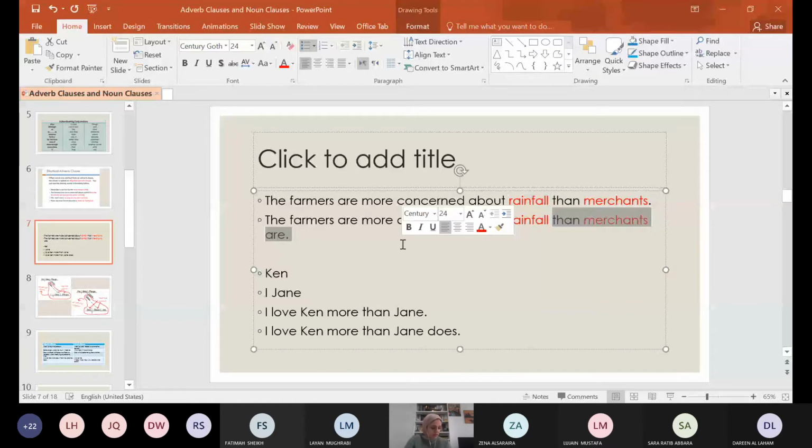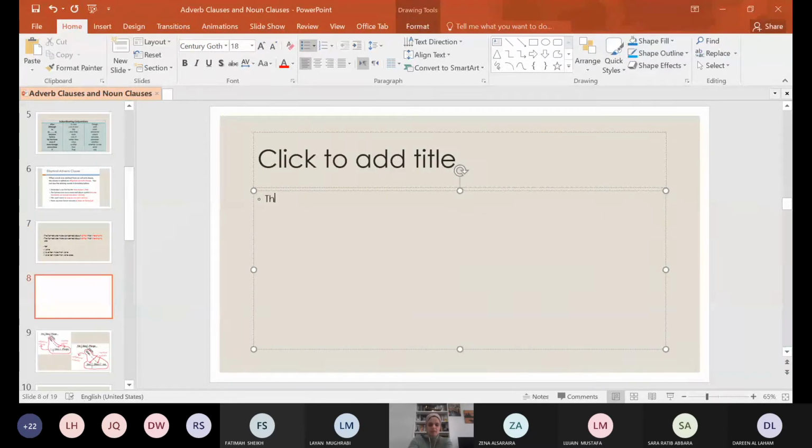Here in the sentences you have: the Willis Tower is taller than the Empire State Building. Let me get another slide. It should be what? It should be "is." Eliminated "is."